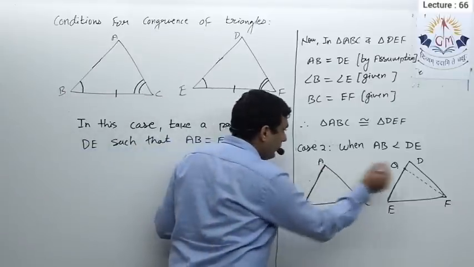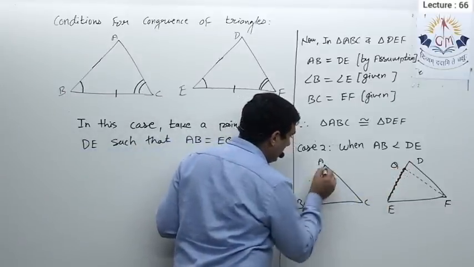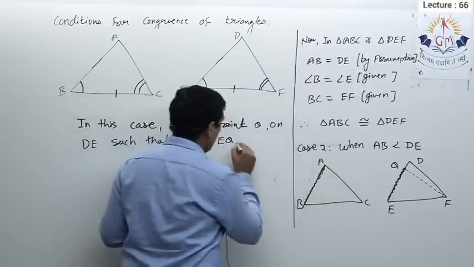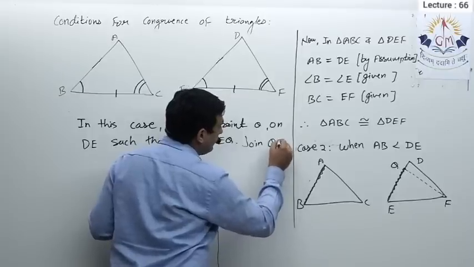Okay, I took point Q on DE to make this QE equal to this AB. So now I'll take these two triangles. Now further join QF. As well as you have to join QF.